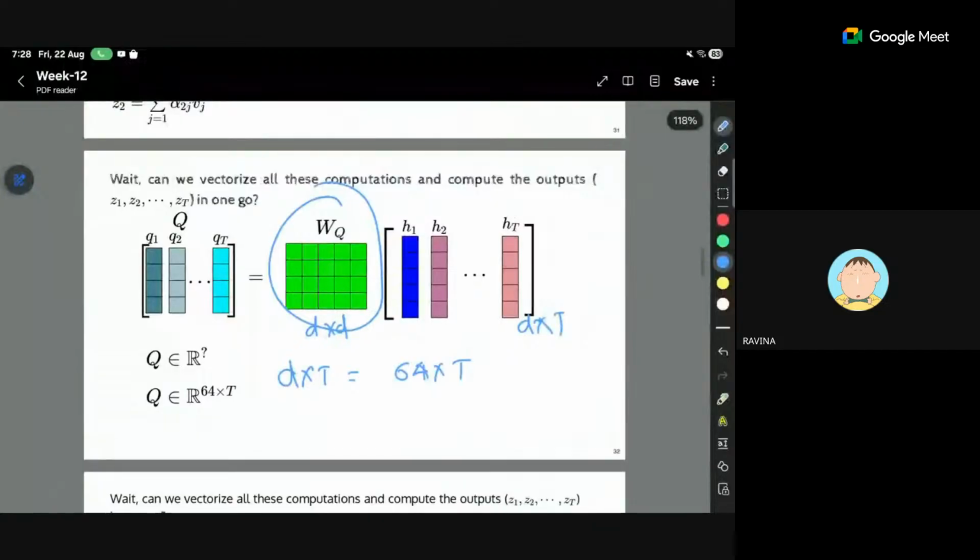You can initialize the dimension of W as D cross D. That D will come from whatever embedding size you choose. In this case, it was chosen as 64. So you can think of 64 cross 64. And then there are H1 and such T vectors.